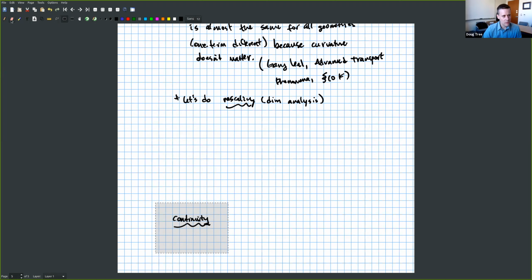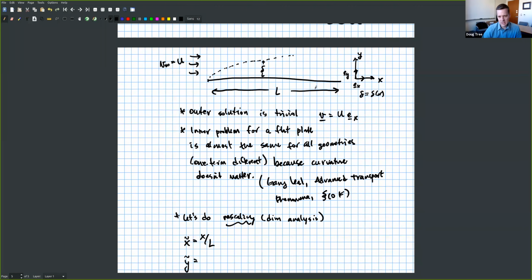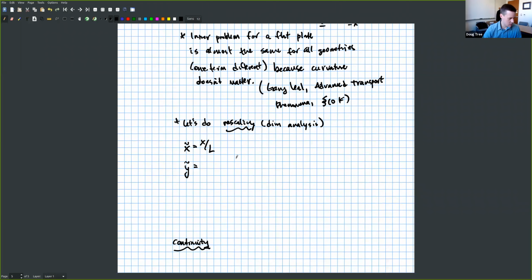Go back to my pen. Okay, so I want to define some scales. So we have X. We're going to keep X as X over L, but we're going to define Y now as a different scale, right? Because X has this length scale here, L, but Y is going to have this scale, delta. Okay, so we're going to write Y tilde is Y over delta.